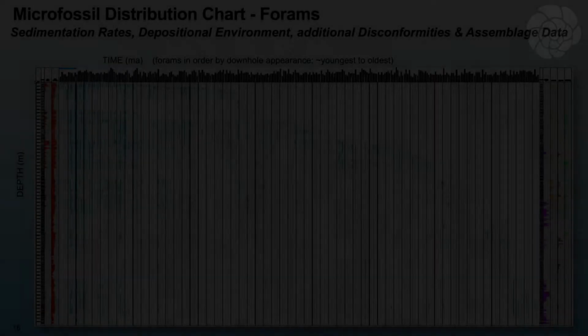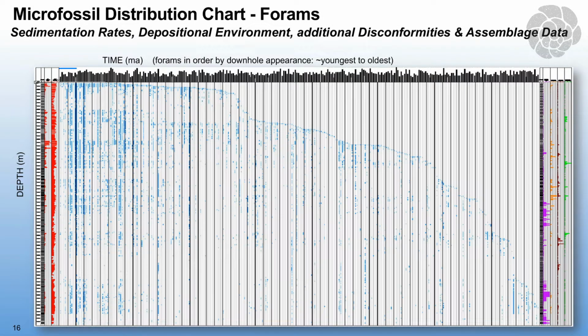We also made these big microfossil distribution charts. This one is actually foraminifera. Foraminifera are great environmental indicators. So what you're seeing again is depth on the far left and then total foram abundance. Across the top are all of the species that were observed in order of their appearance downhole, so you're getting a general picture of time.